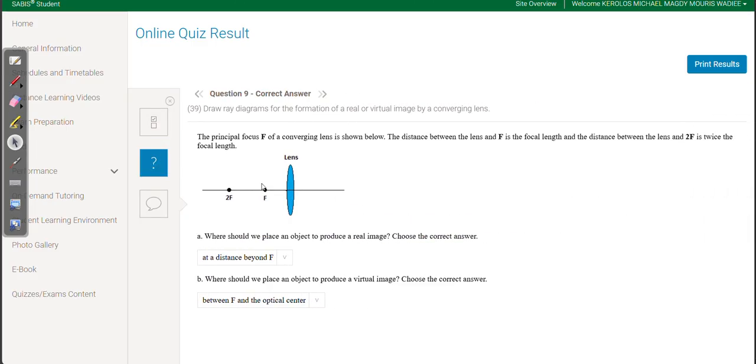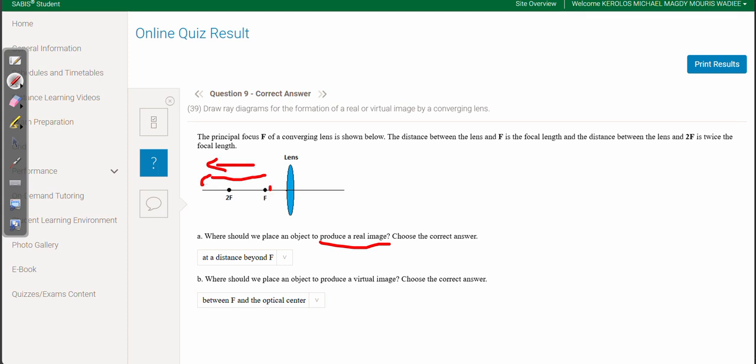Next question. Okay, this is also an application on the cases. Where should we place an object to produce a real image? So this is also memorization. Cases 2 to 6, these are the cases in which we produce a real image. It is any object that's placed beyond F, like this part.